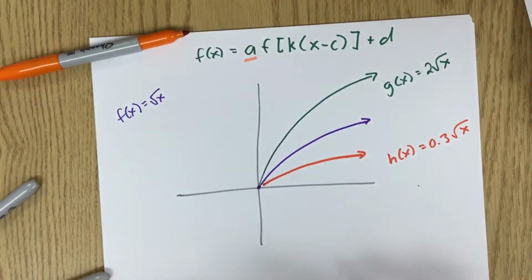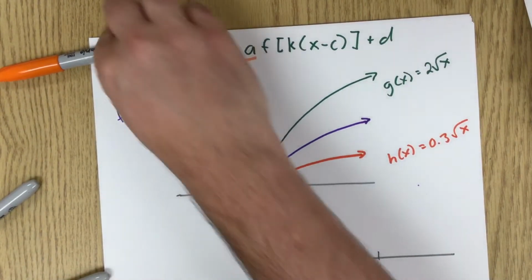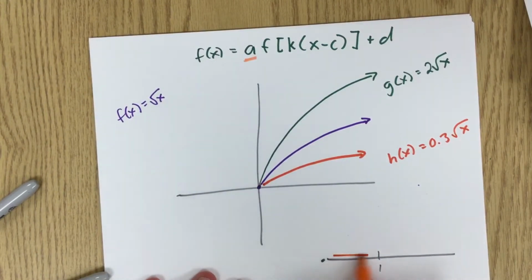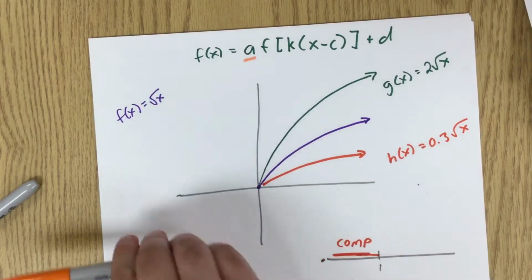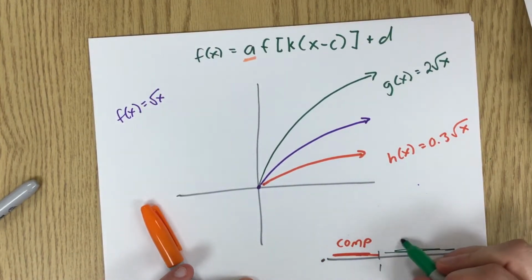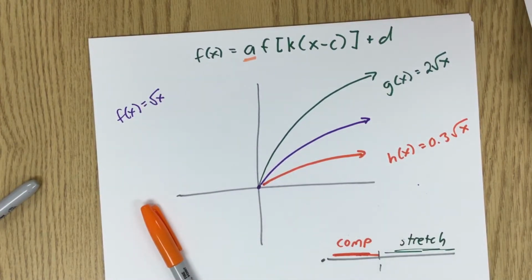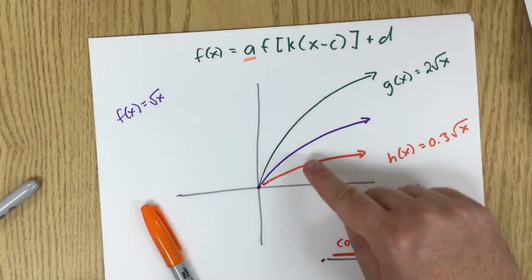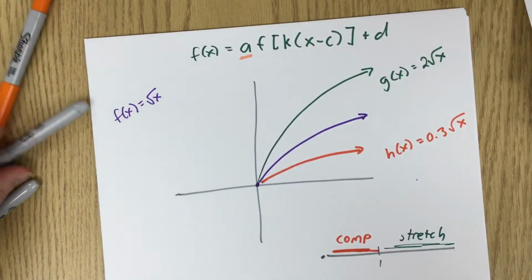And the dividing line is essentially 1. So if it's less than 1, then you're in the compression zone. And if it's more than 1, then you're in the stretch zone. So that's f of x, 2 root x, 0.3 root x.